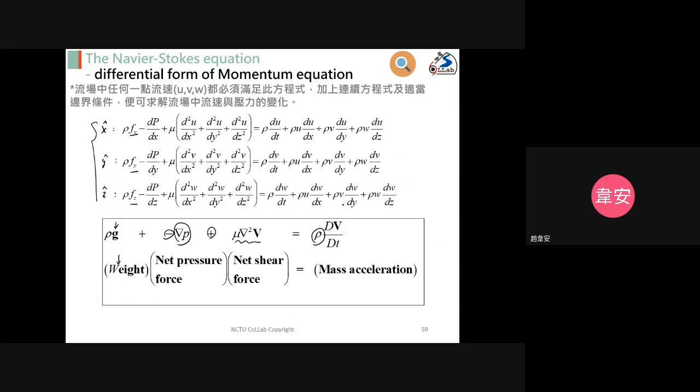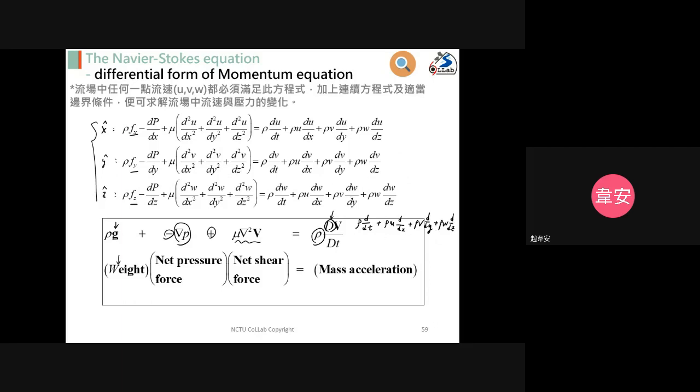So actually this derivative operator is equal to ρ ∂/∂t plus ρu ∂/∂x plus ρv ∂/∂y plus ρw ∂/∂z. Okay, this is the derivative operator for our problems.